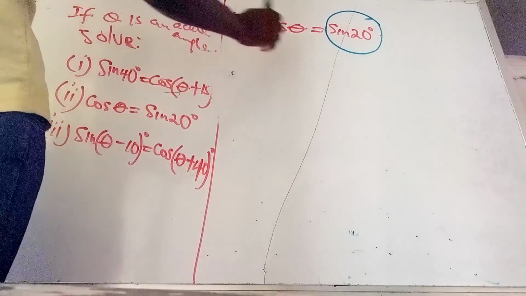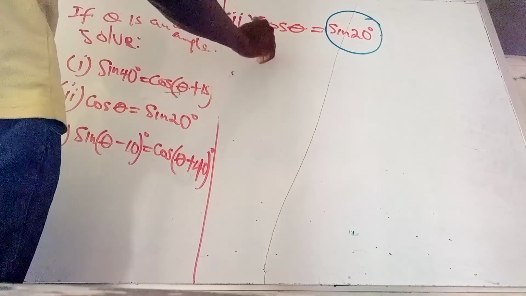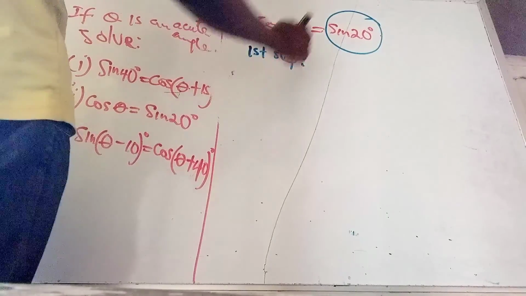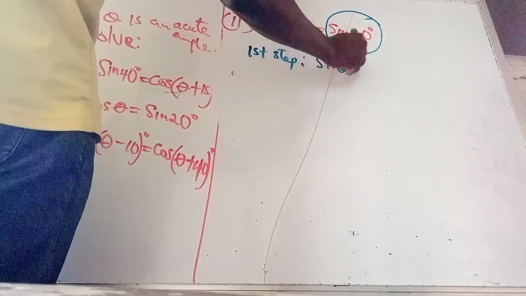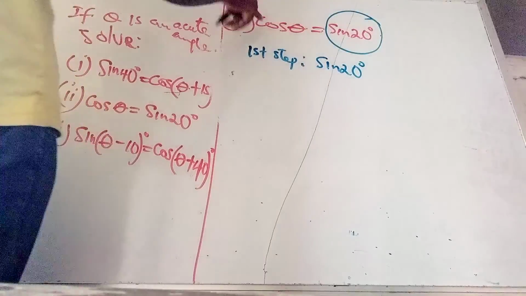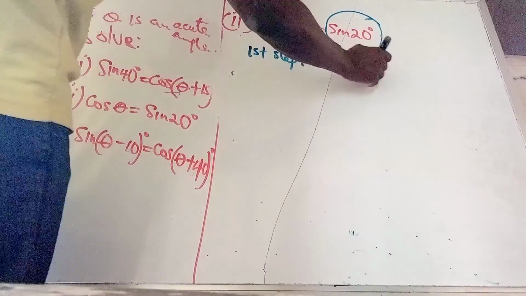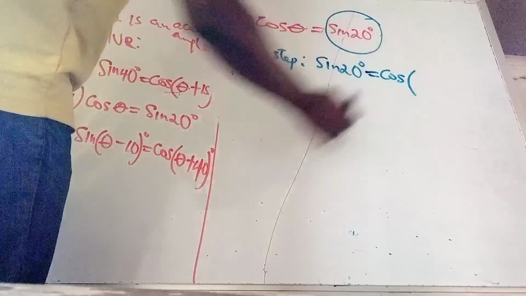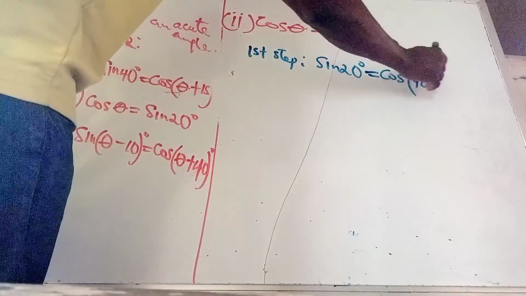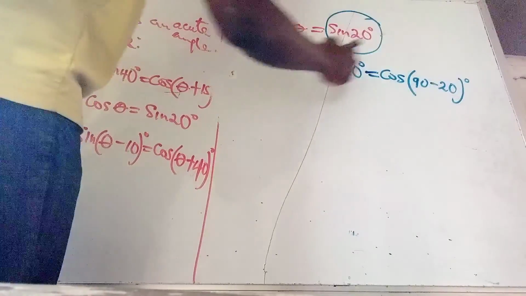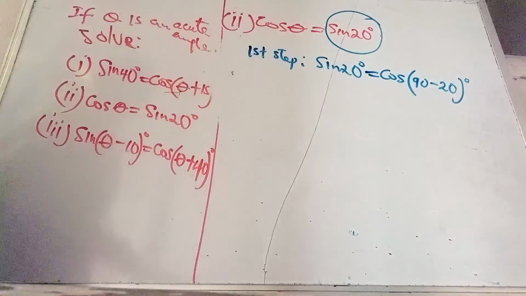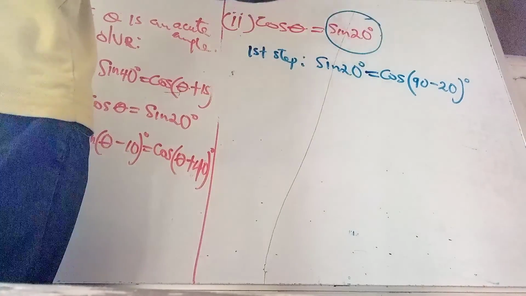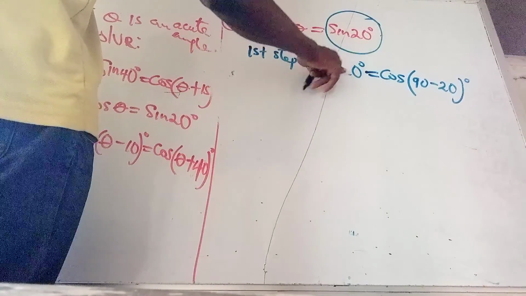So all I will do now is, first step, I want to convert sine 20 so that it becomes cosine that we have here, and that will be cosine of 90 minus 20. I am subtracting this 20 from 90 because I'm looking for the angle that will complement 20 degrees.